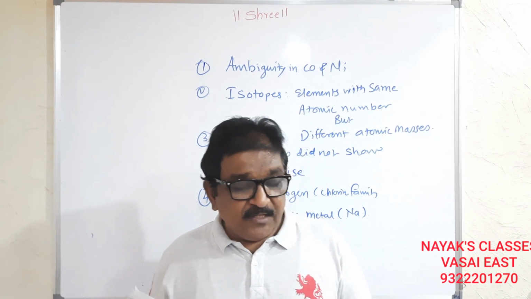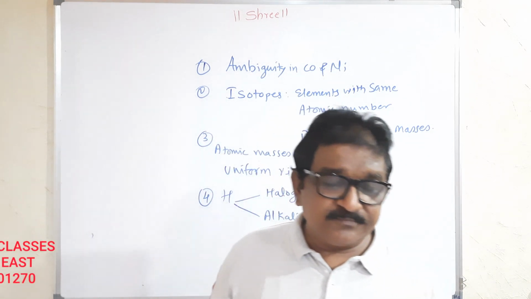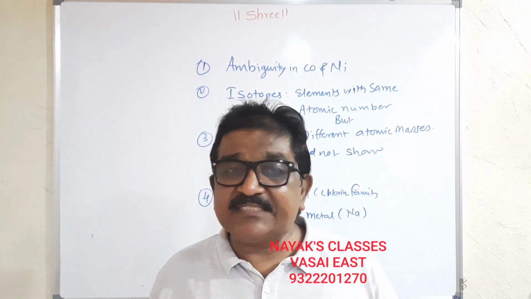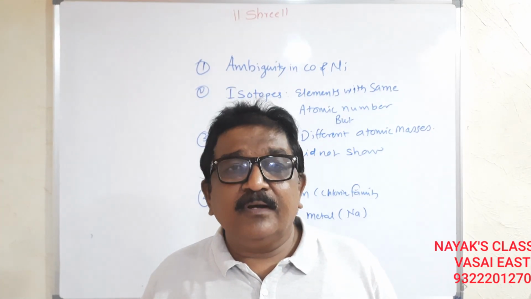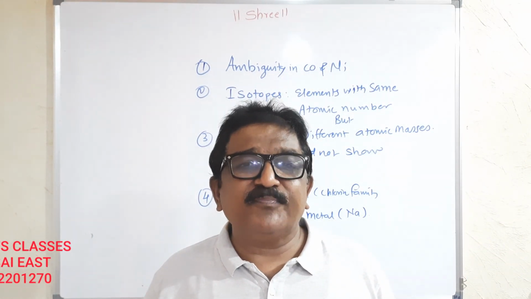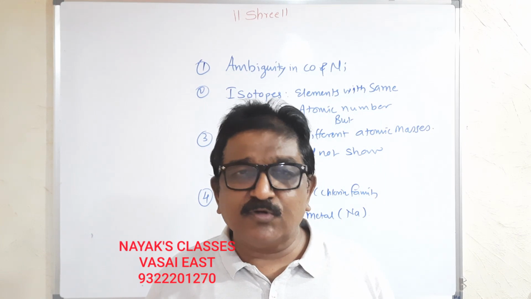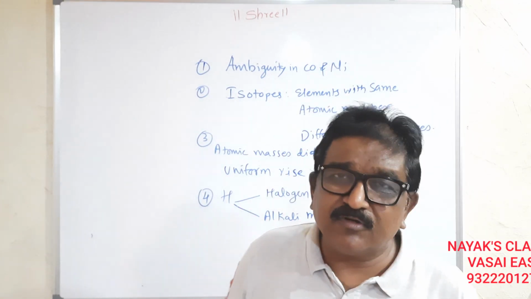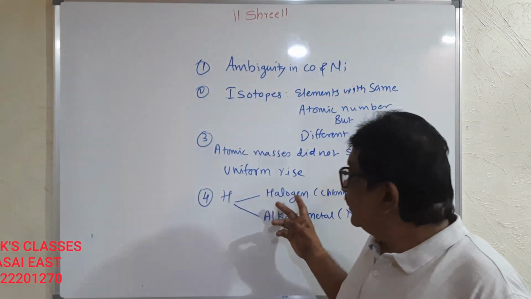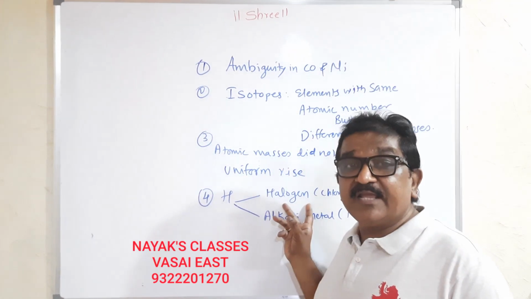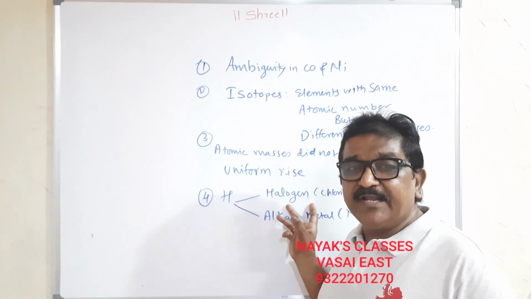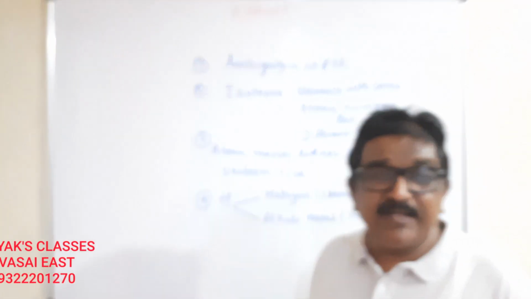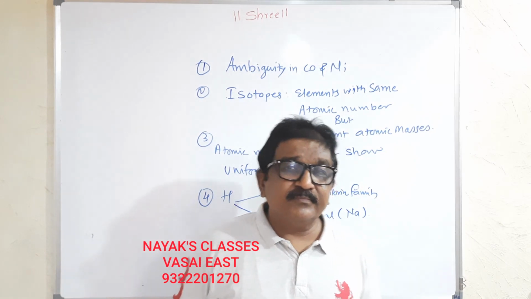And fourth is the position of hydrogen. Hydrogen shows similarity with halogens, that is the seventh group. Just remember, hydrogen was showing the properties of halogens, meaning highly reactive material like chlorine, bromine and iodine. At the same time, it was showing the properties of alkali metals like sodium.